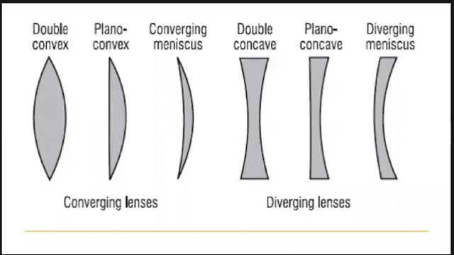The converging lenses are thicker across the middle rather than the edges. That's converging, and sometimes it is known as positive lens or lenses.